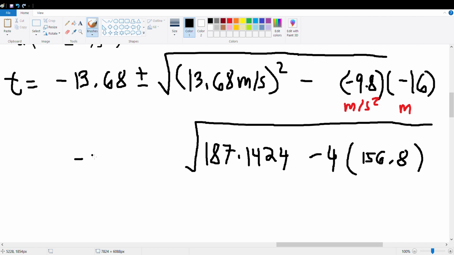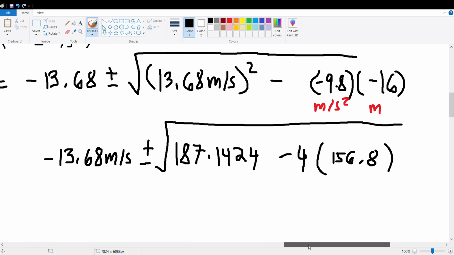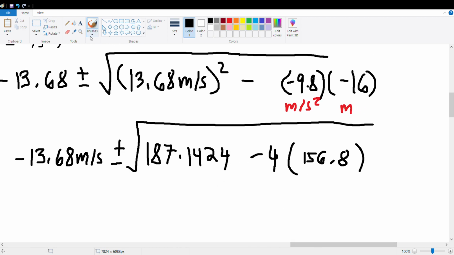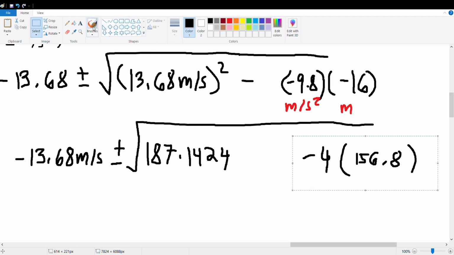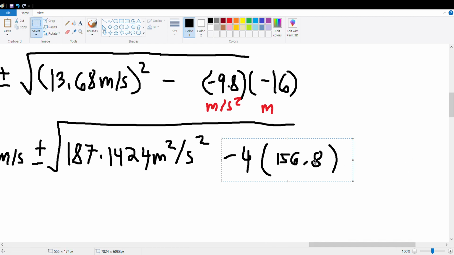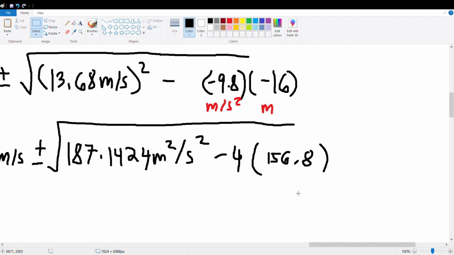Okay, so 13.68 meters per second plus minus 187.1424 meters squared per second squared, and then we would multiply it by negative 4, times 156.8, which would give us 627.2.